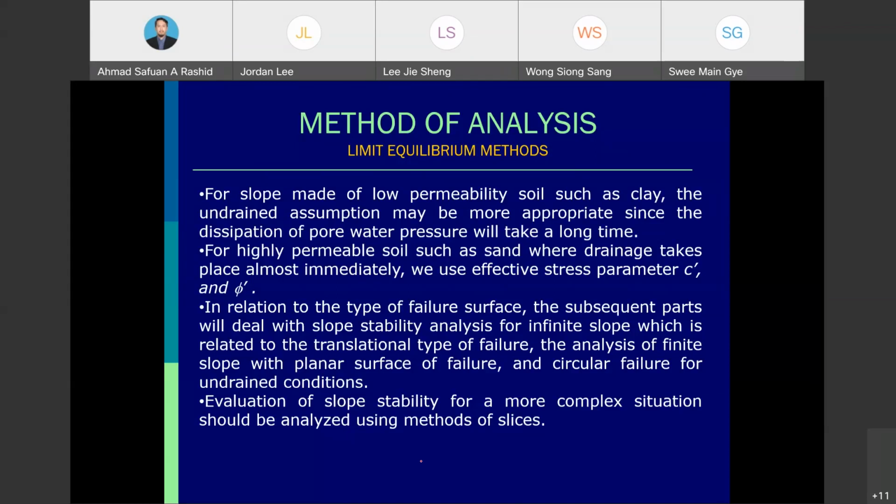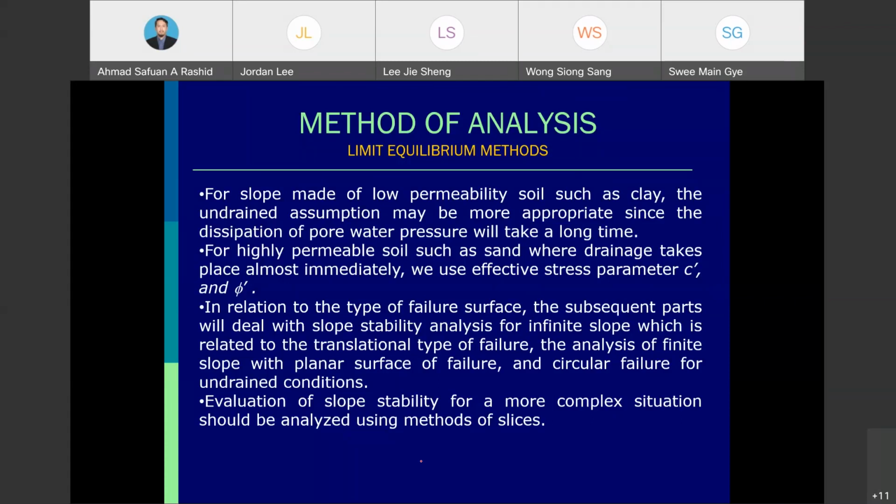For example, when I did a consultation work for the road embankment, I ran both, okay, and then I will use the lowest value. If the factor of safety for the lowest value is greater than the required factor of safety, which is 1.5, then we consider it as safe.